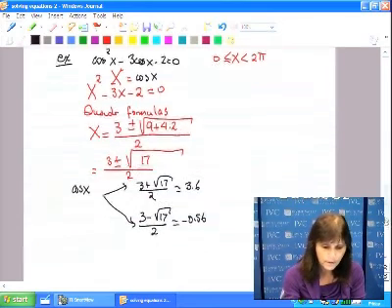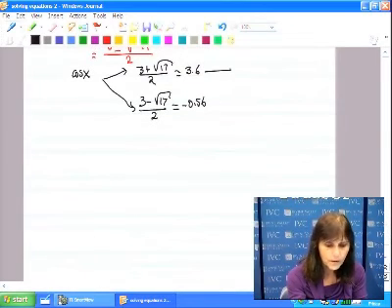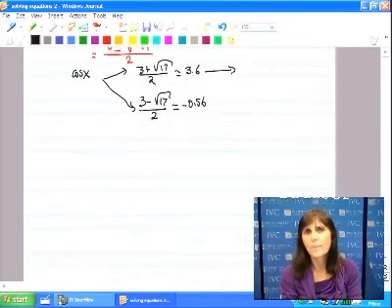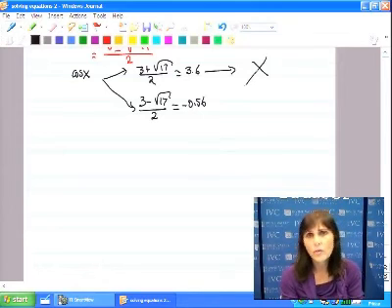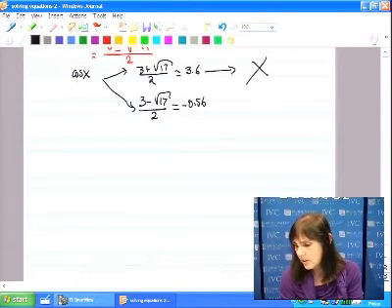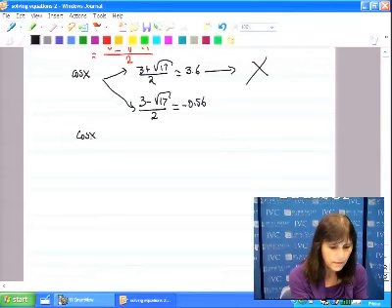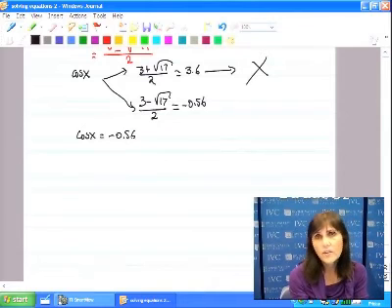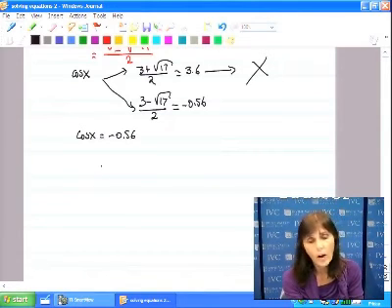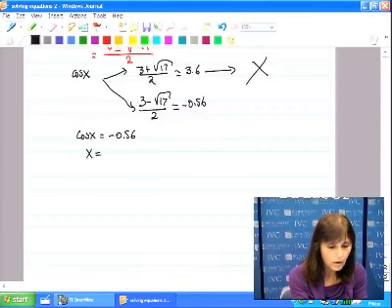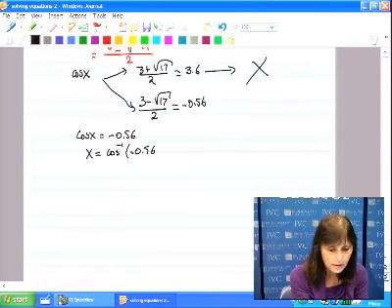Now you have to think. This one, 3.6, I cannot have a cosine more than 1. That's a no, no, no. All right, well, let's look at this one, negative 0.56. All right, now I need to take the inverse. What I'm looking for is the angle, so cosine inverse of negative 0.56.